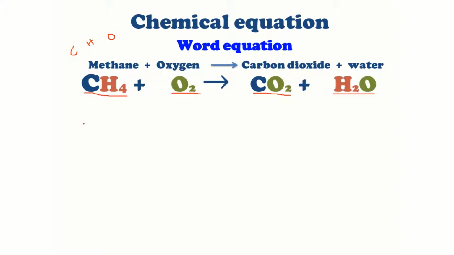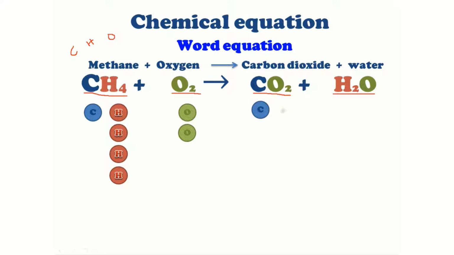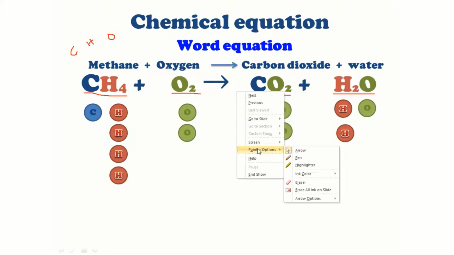So let's count them and see if the equation is balanced or not. On the reactant side, we have 1 carbon, 4 hydrogen, 2 oxygen, and then on the product side we have 1 carbon, 2 oxygen, 2 hydrogen and 1 oxygen. So the equation is not balanced.